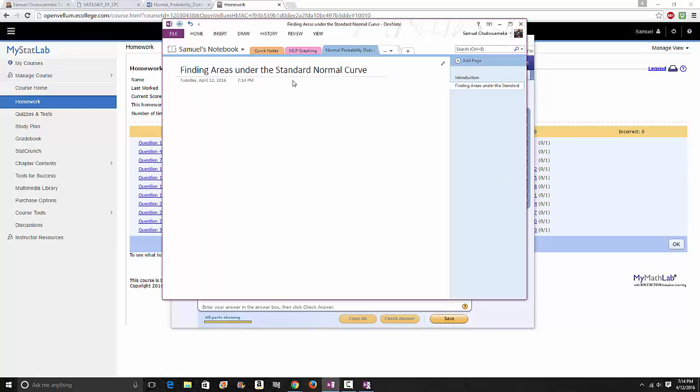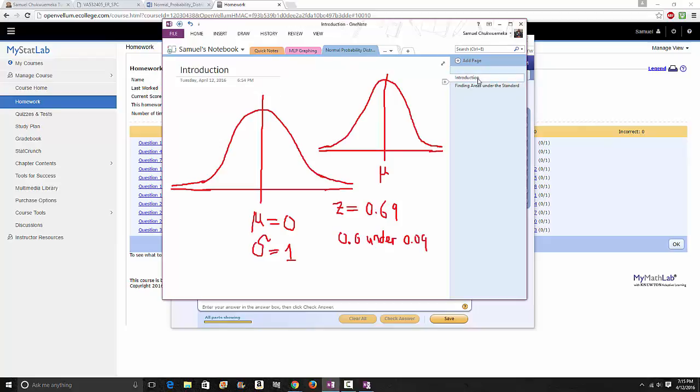Okay, so I'm gonna type in here Z equal to 0.69 means 0.6 under 0.09. That is what it means. I hope that was what I wrote here. Yeah, 0.6 under 0.09.